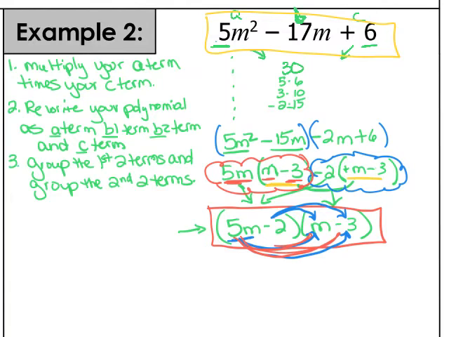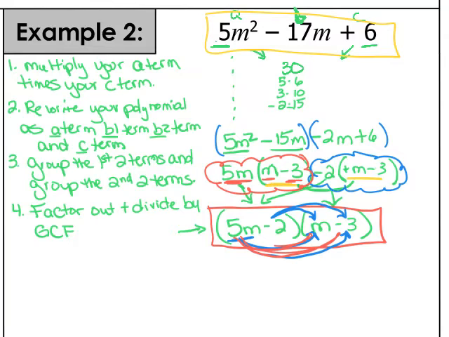I know that's a whole lot of new at the same time. But the only way to get familiar with it is to keep working with it. So step 4, once you had grouped the two terms, you were going to factor out and divide by the GCF.